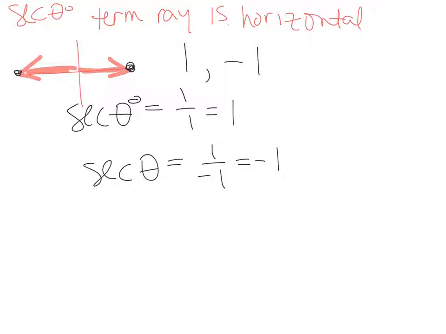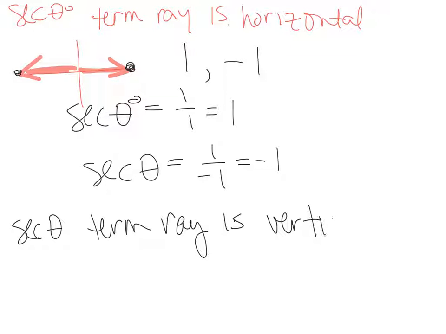Okay, when the terminal ray is vertical, that's when we're undefined, right? So when the terminal ray is vertical, the x-coordinate of point P is 0.